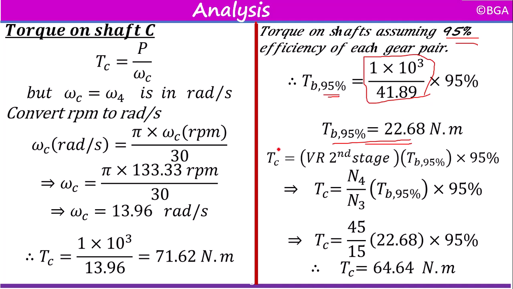Similarly, for shaft C, the torque transmitted to shaft C at 95% efficiency is equal to the velocity ratio of the second stage multiplied by the torque transmitted to shaft B at 95% efficiency multiplied by 95%.